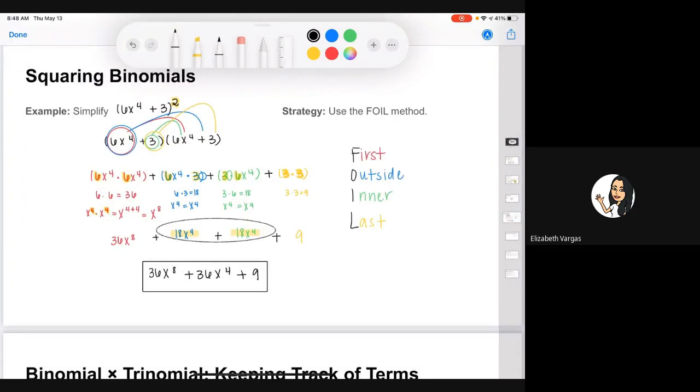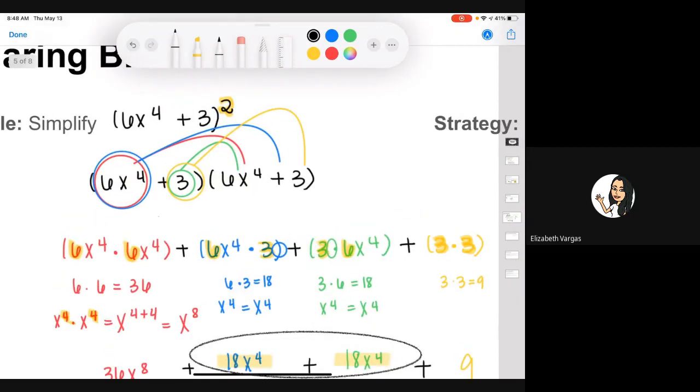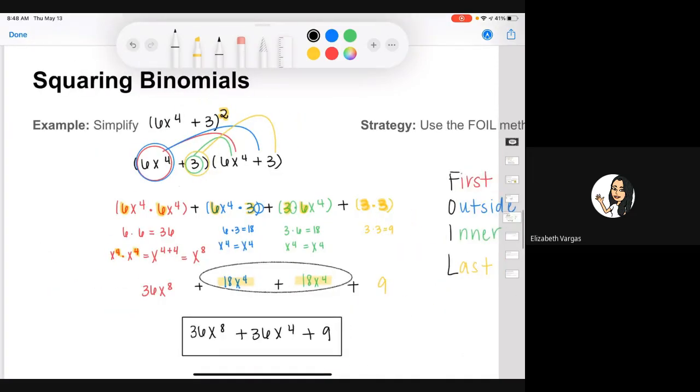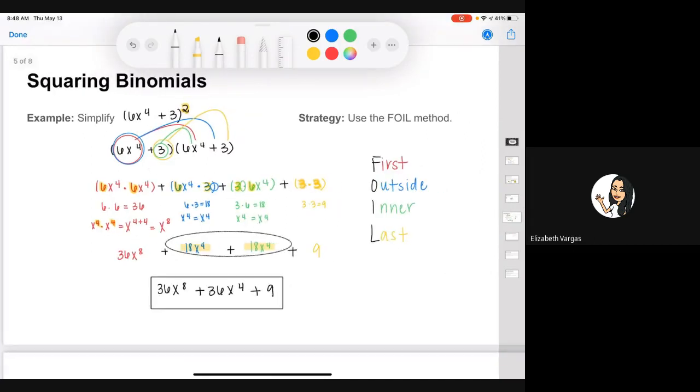And so my simplified expression is 36x to the power of 8 plus 36x to the power of 4 plus 9. And the way that I've solved that is I've put out my binomial, so 6x to the power of 4 plus 3 times 6x to the power of 4 plus 3. That gives me multiplying two binomials, which means I'm going to use my FOIL method, and then that allows me to break these into smaller multiplications.